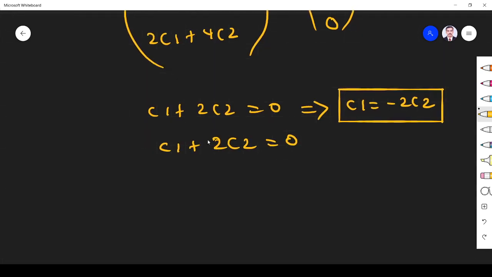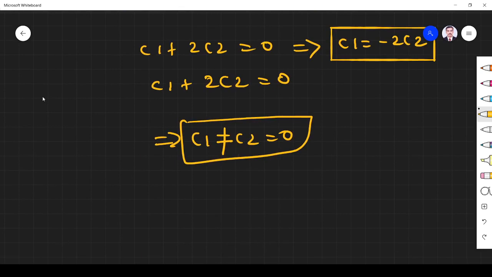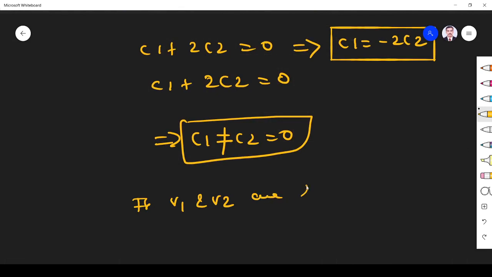From these two equations, what we understand is c1 is equal to minus 2c2. That means c1 and c2 are not equal to 0. So they are linearly dependent. Therefore, v1 and v2 are linearly dependent.